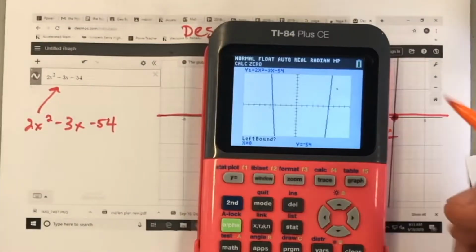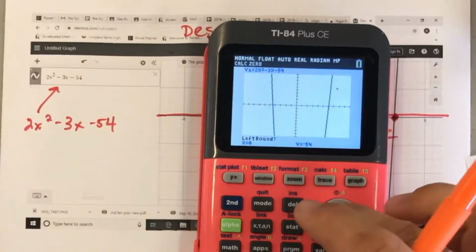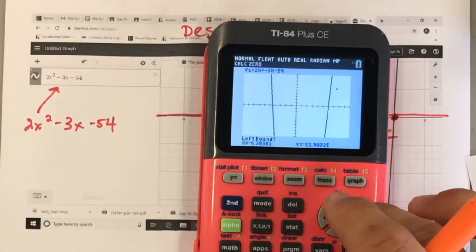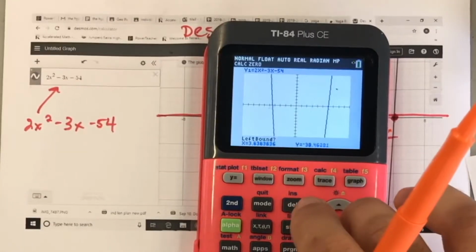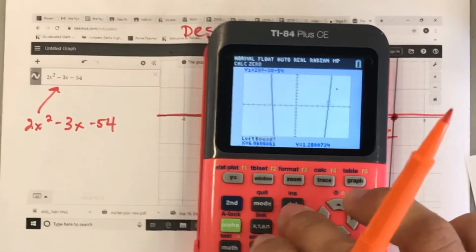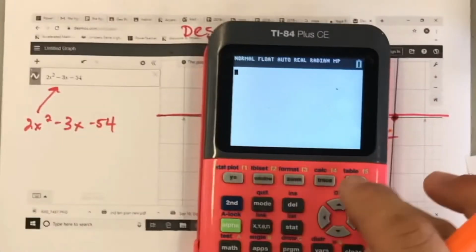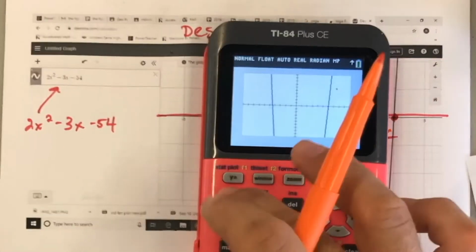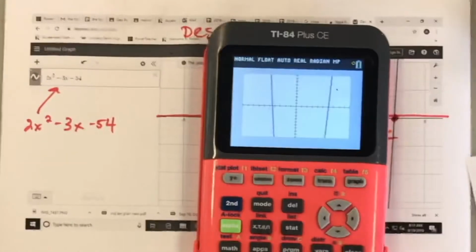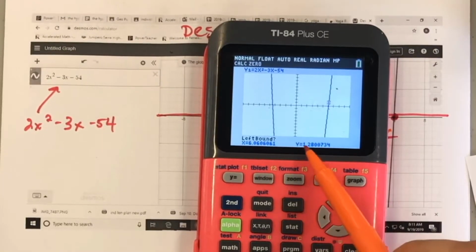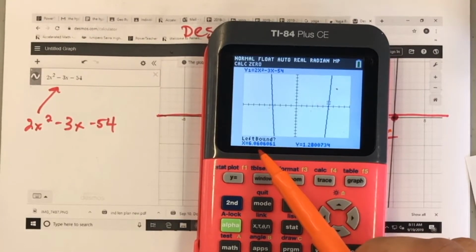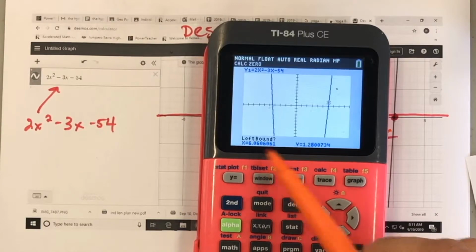And then here it says left bound. So I'm gonna find my cursor. Where's my cursor here? Okay, here it is. Try that again. Now I know where my cursor is by these coordinates here. So you see that I have x is 6.